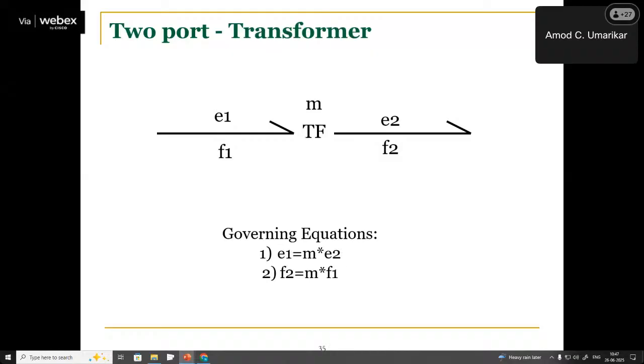That depends on what you take M to be. For example, let's say this transformer is in the electrical domain, which we represent as a bond graph like this. If it is M is to 1, then E1 is nothing but M E2.